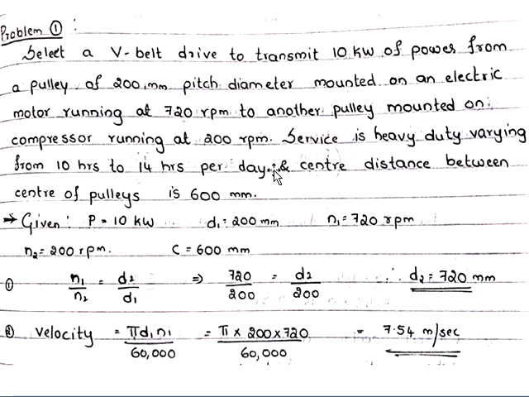Two RPM values are given, 720 and 200, and I told you always N1 will be greater than N2. So 720 will be N1, 200 will be N2. Power is transmitted from a pulley of 200 mm and that pulley runs at 720 rpm. So 200 mm corresponds to 720 rpm. So this is D1. Diameter 1 is 200 mm. Diameter 2, D2 value you have to find out.